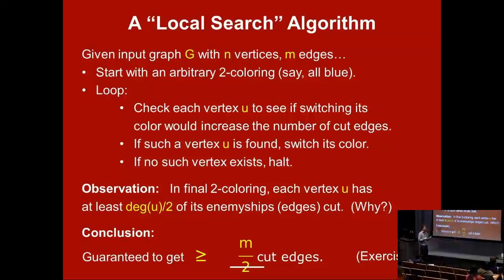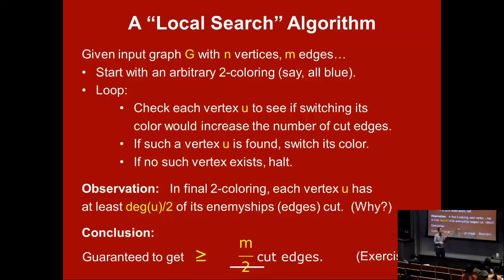Intuitively, you could say to yourself, well, if on each vertex at least half of its edges get cut, then it feels indeed that at least half of all the edges must have got cut. Another way you can do it, maybe I'll leave it as a little exercise for you, is to double count the set of edges that got cut. If you add up for each vertex all of its cut edges, that actually gives you 2 times the number of cut edges, because each cut edge is counted twice, once for this neighbor and once for this vertex.